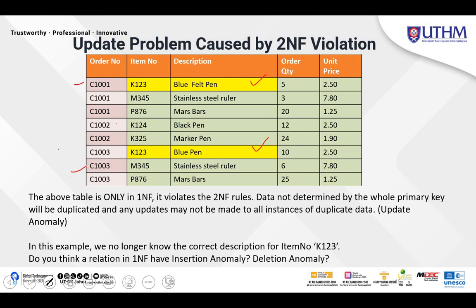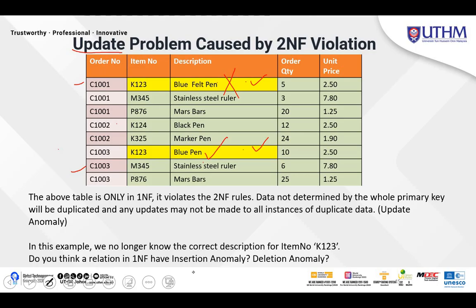They have a blue felt pen and blue pen. So which one is the correct description for K123? First one or second one? One has been updated, the other one is not updated. So this is what we call an update anomaly or modification anomaly.